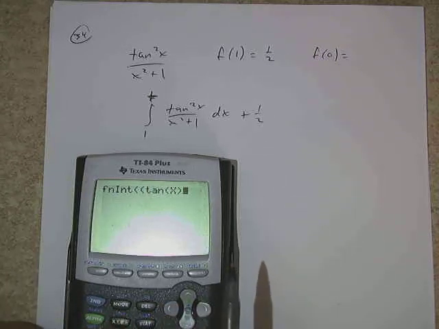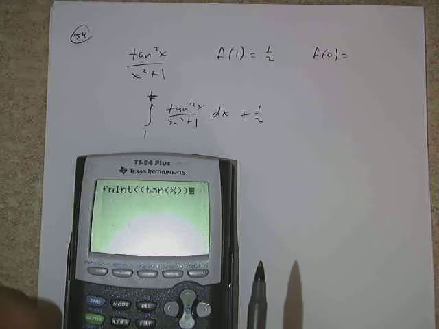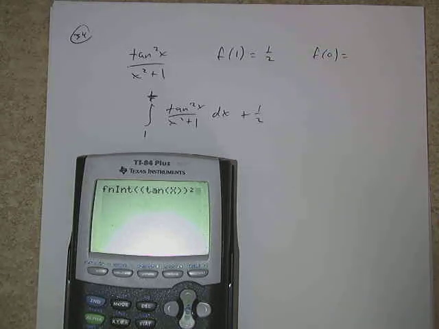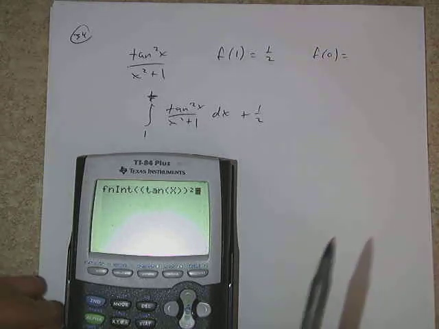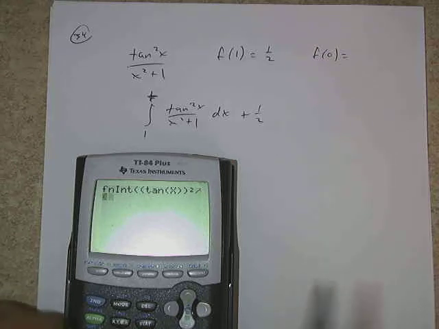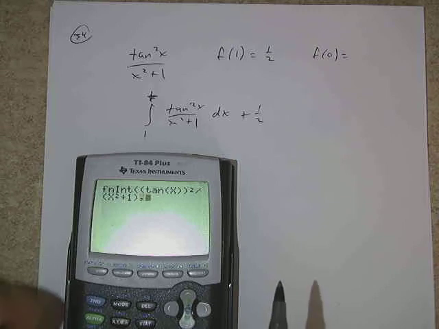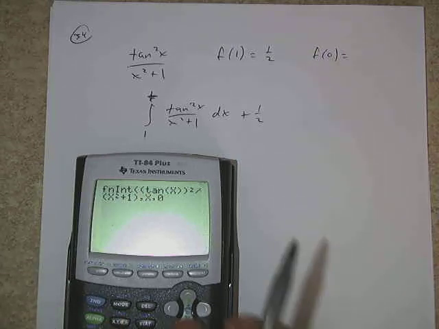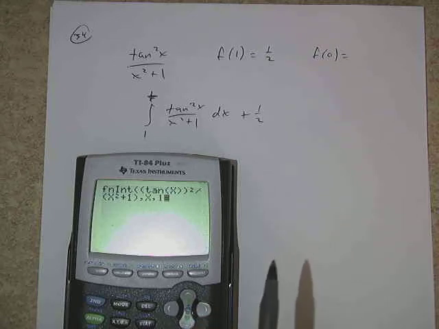So again, since it's a calculator problem, I don't want to waste any time. Let's see. So we need tangent x all squared divided by x squared plus 1.